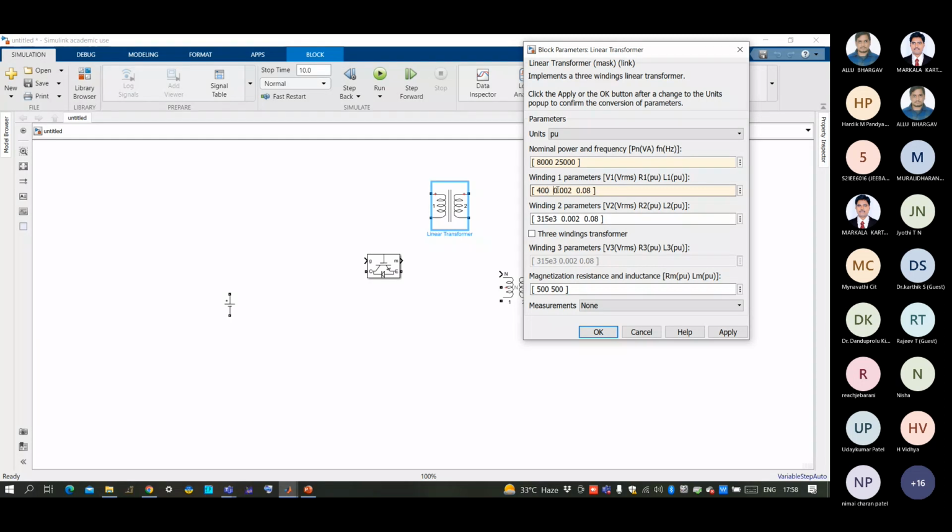Right now I'm taking all R1 and L1 as 0, and I will denote the leakage inductance outside with an inductor. So as I said, the leakage inductance will be denoted by an inductor outside. Right now I'm making these total values 0, to 60.